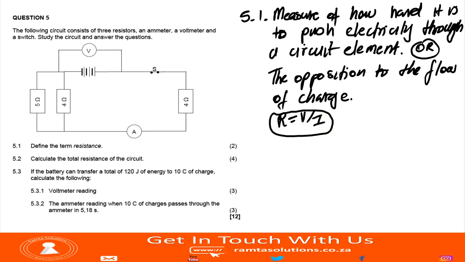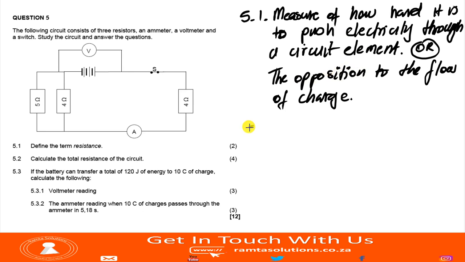Whichever you are comfortable with would be okay. Most of you will go for the second, the shorter one, because the shorter it is, the better. So yes, it is the opposition to the flow of charge.